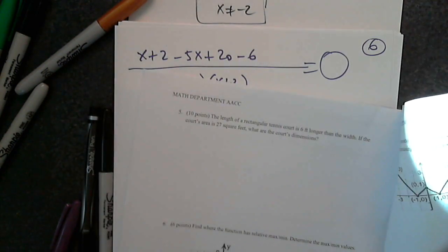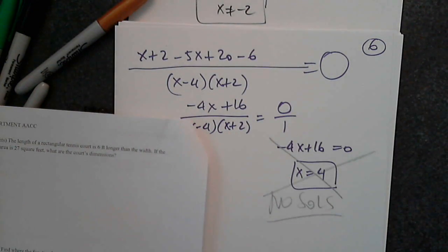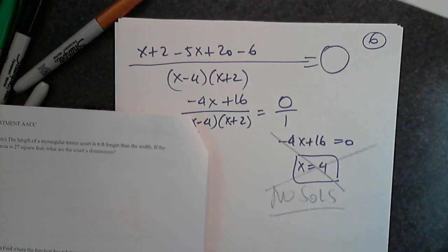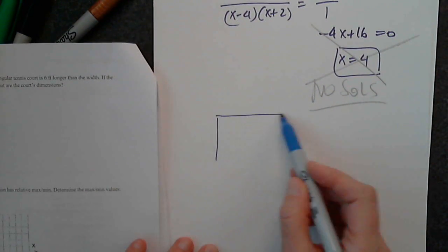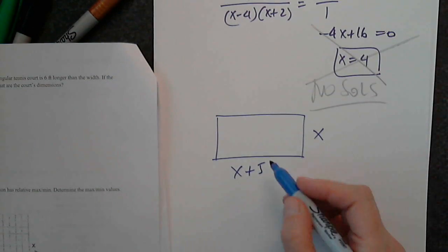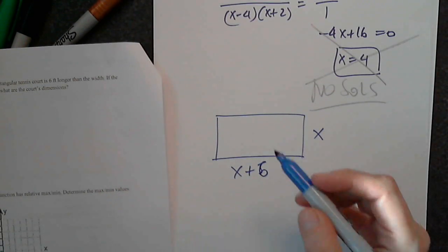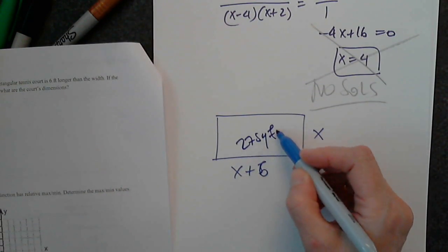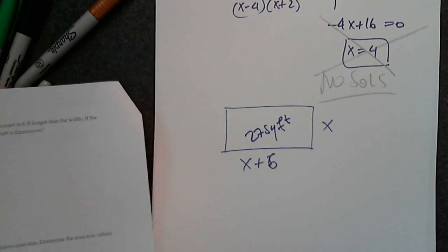Where is 5? Yes. So the length of a rectangular tennis court is 6 feet longer than the width. If the court's area is 27 square feet, what are the court's dimensions?